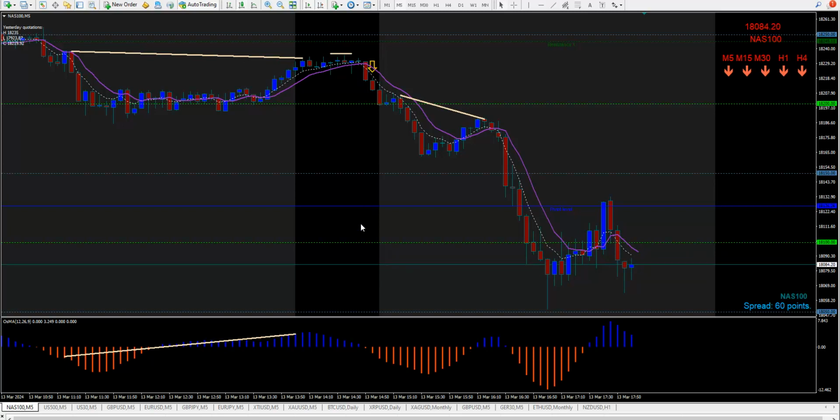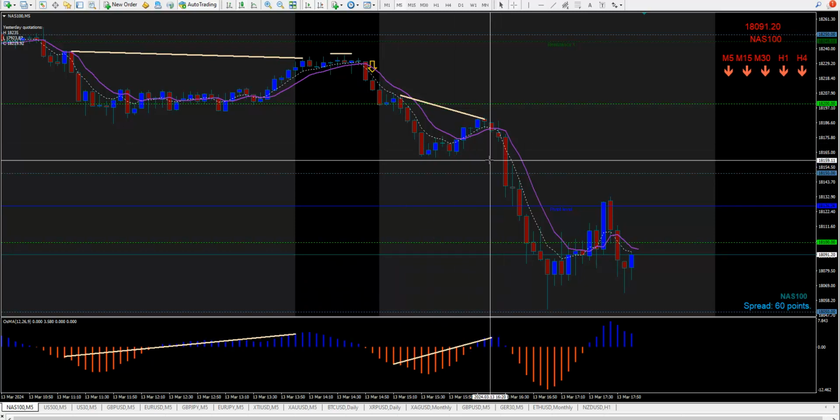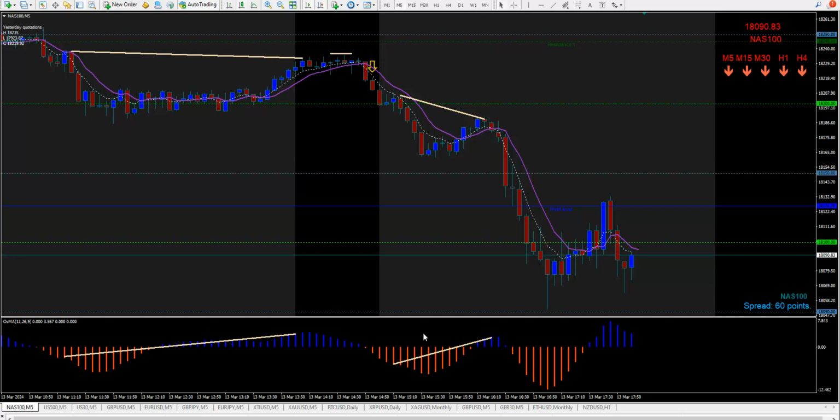This is another hidden divergence trade, isn't it? Yes, from there. That's going down. Right there, actually. It's divergence, so you would have got short right here. This one's going up, this one's going down.